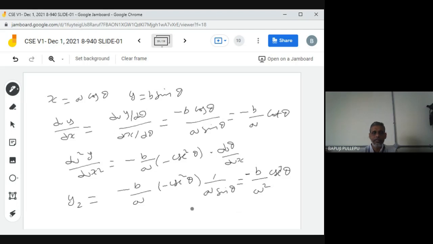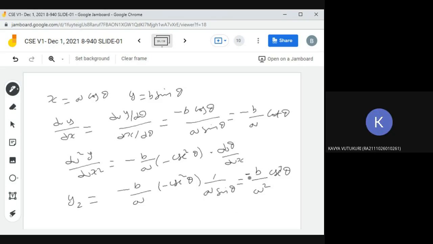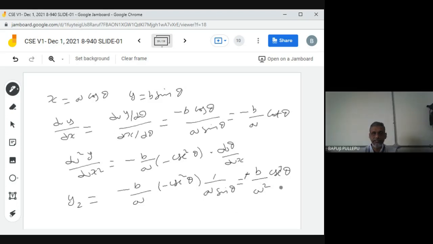Correct or not? No minus, I think so. Plus, plus b by a squared cosecant cube. Are you agree or not? Yes, sir. y1 is equal to minus b by a cot theta, this is cosecant cube theta.